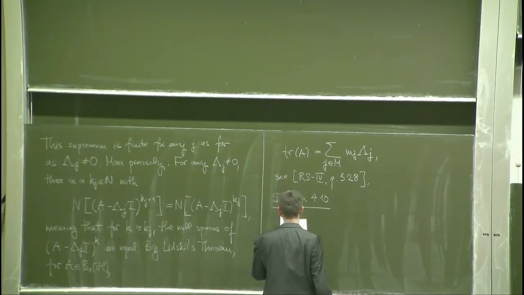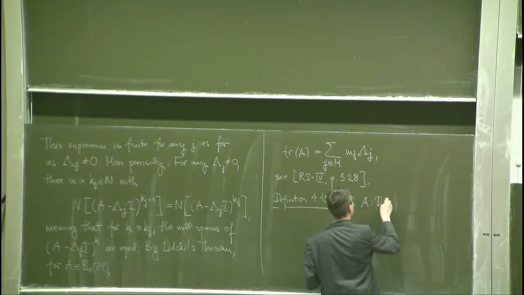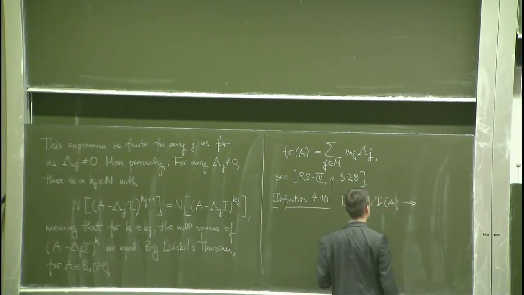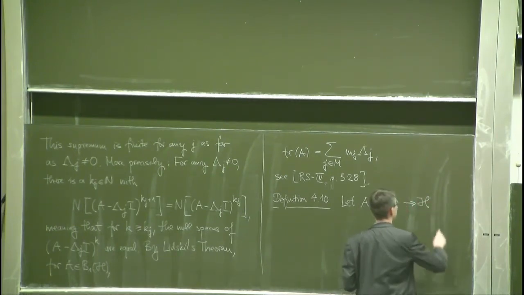concerning cyclic vectors. So let A be, of course, a general unbounded operator in H. Let this be self-adjoint.